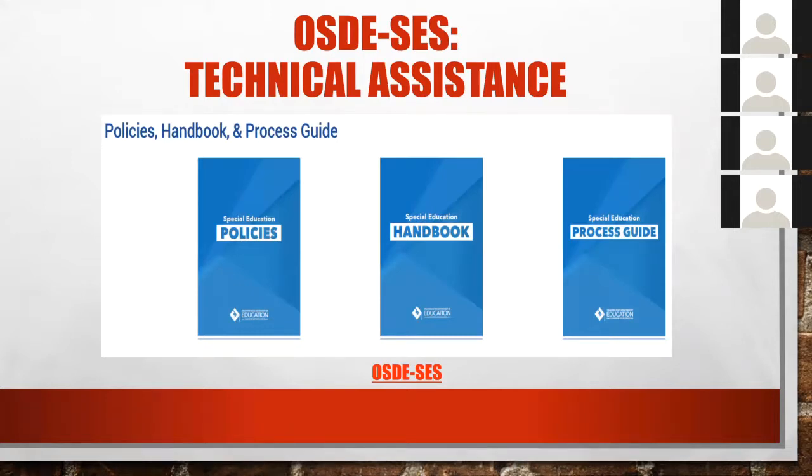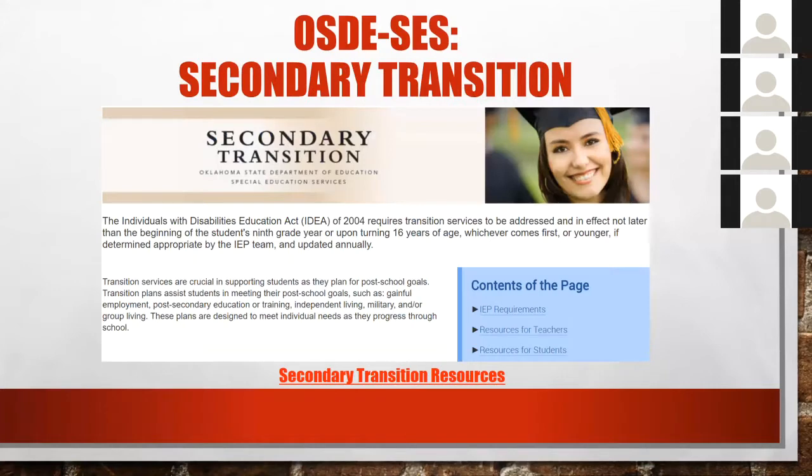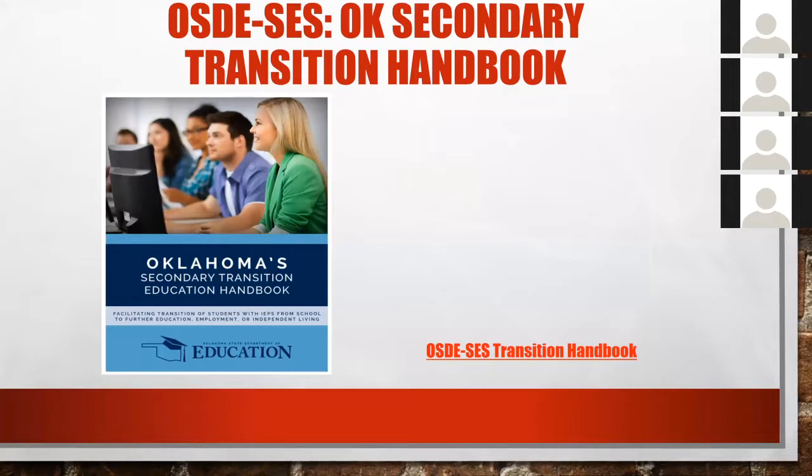We also have on our website a section for secondary transition. So we have several resources for students and parents and teachers. One of those resources includes the Oklahoma Transition Handbook.